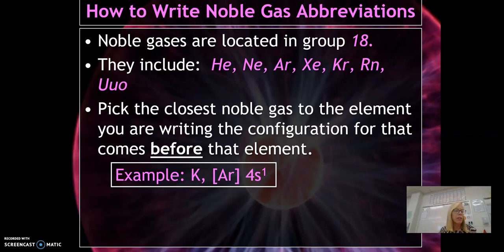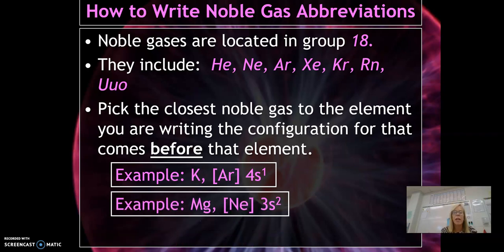And then we have another electron to place, so it would be 4s1. Okay? Magnesium. We look at magnesium. It has 12 electrons. The noble gas that comes before it in the periodic table is neon, and then there are two additional electrons, 3s2. So neon, 3s2.